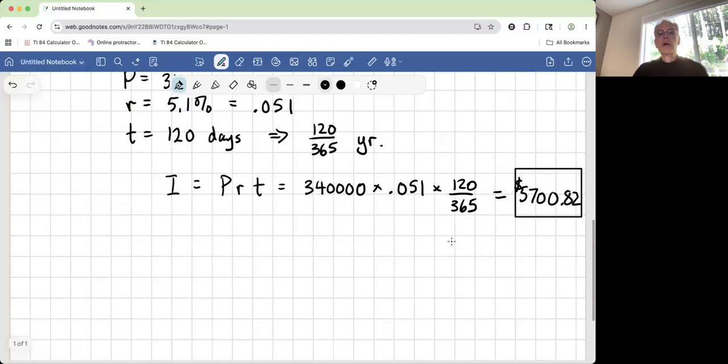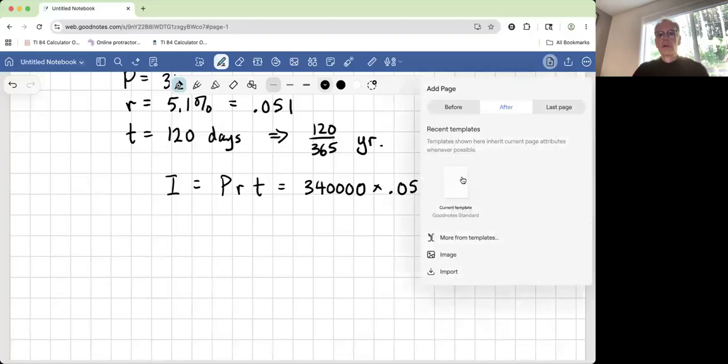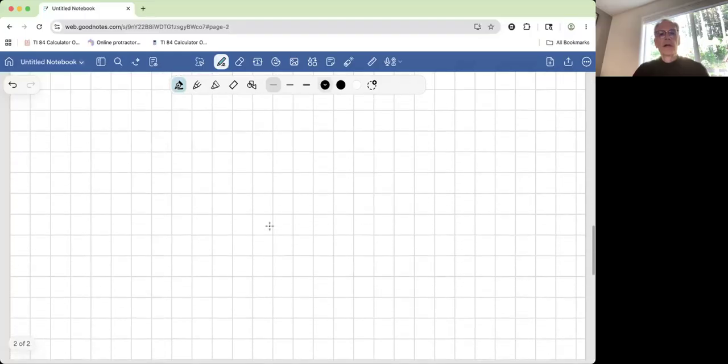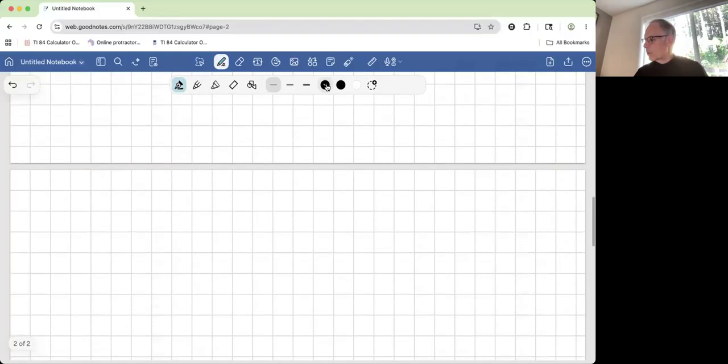Let's do another one. So you're a young person just getting out of college and you need a car to get around to work. So you go to grandma and you say, Grandma, can I borrow a little bit of money to buy a car? So she said, sure, but you're going to pay me back at the end of 278 days.